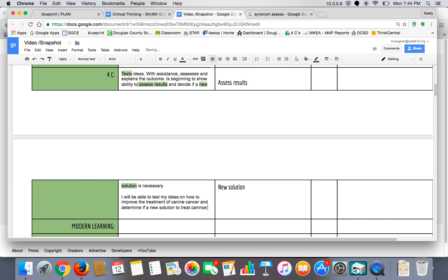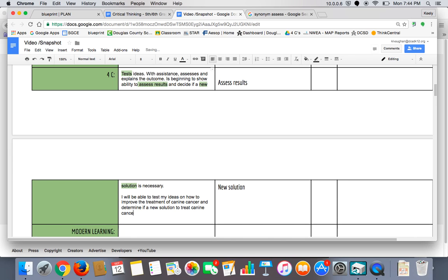And I'm going to connect that to my content again. I will be able to test, oh, that is not even close. I will be able to test my ideas on how to improve the treatment of canine cancer and determine if a new solution to treat canine cancer is necessary.